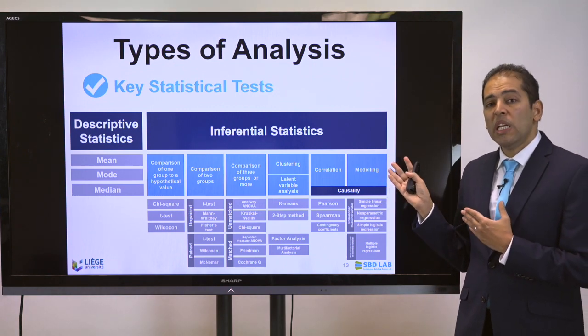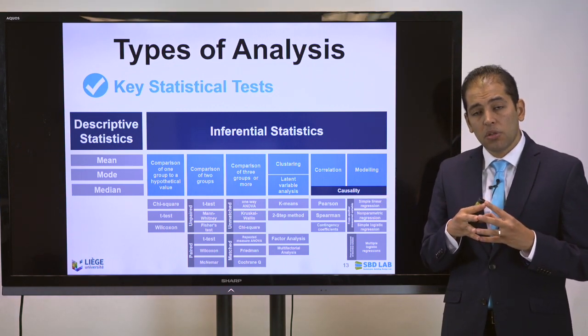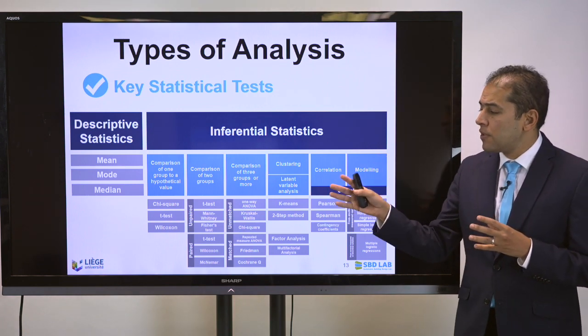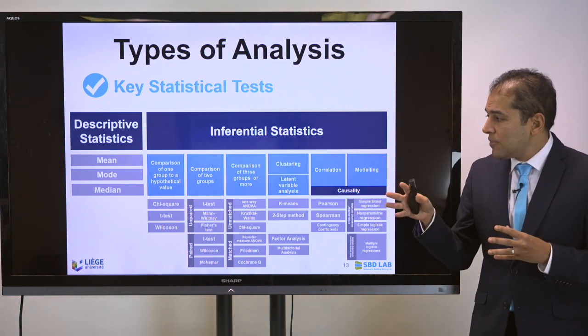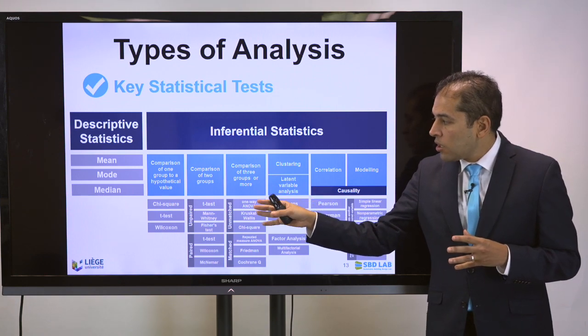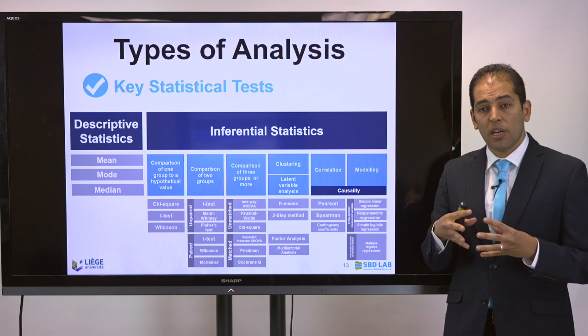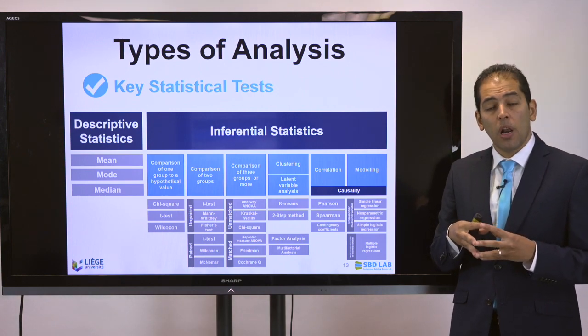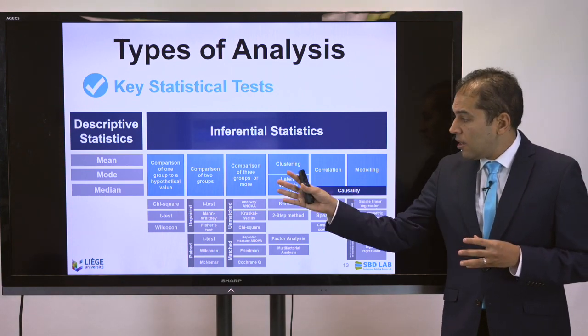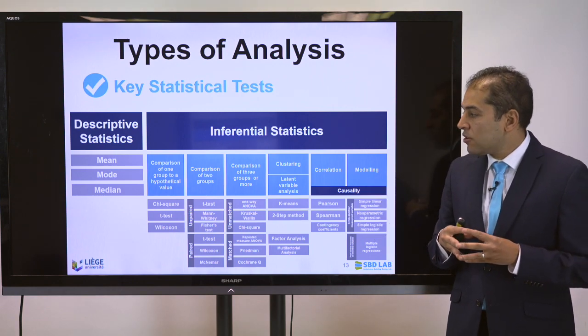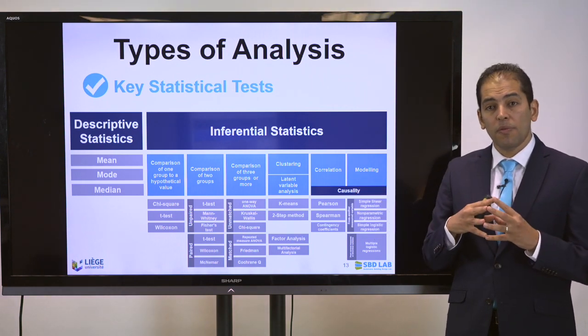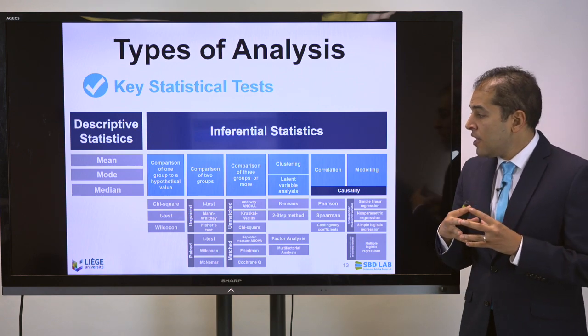But when we talk about inferential statistics or parametric statistics, we have different approaches for tests. Some tests are comparing one group to a hypothetical value. So here we can test our null hypothesis. Some groups of tests are looking at comparing two groups of people or subjects.